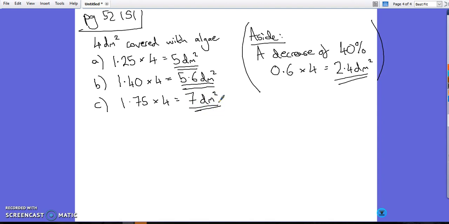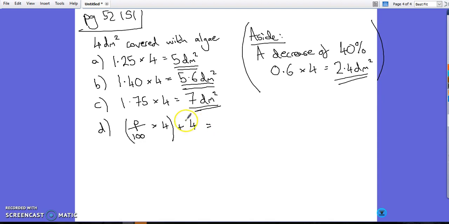And then D asks us for a percentage increase of P. Now I can't just put 1 point P because that doesn't really work in terms of algebra. So I need to go for P over 100 times 4, so that's P% of 4, plus my original quantity of 4.